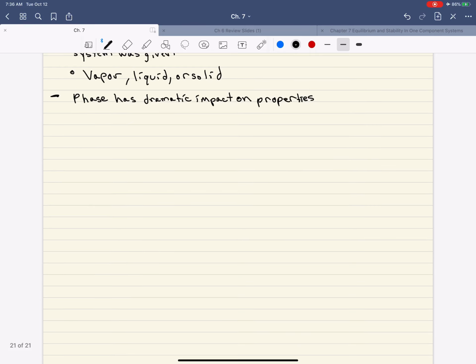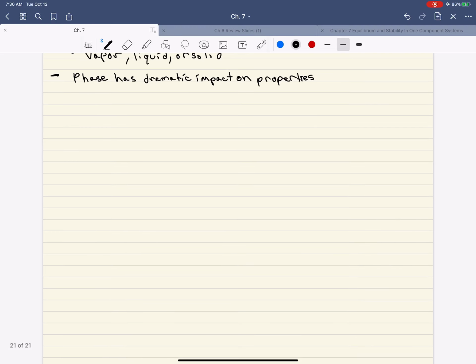Not only its density, or how big the system is, but also its thermodynamic properties, its internal energy and its enthalpy. We saw that the enthalpy of a vapor is much larger than the enthalpy of a solid. And same thing with entropy, right? The entropy of a vapor, if we go to the steam tables, is much larger than the entropy of the liquid.